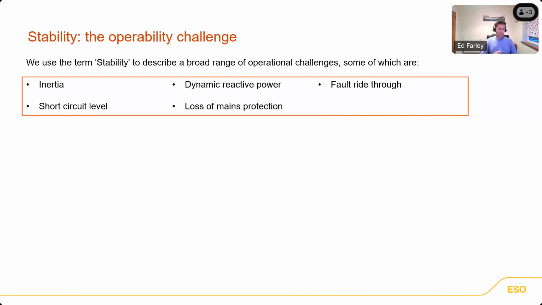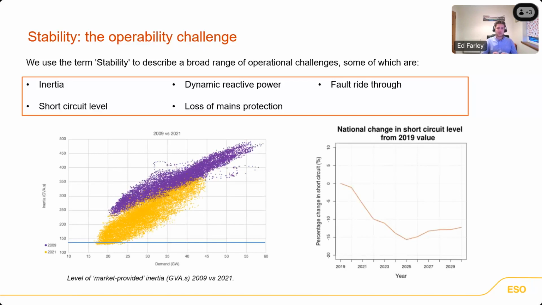They might mean different things to different people, but some of the things that we capture within this broad brush are inertia, short circuit level, dynamic voltage support, dynamic reactive power, loss of mains protection, and fault ride through. So that's how we capture it, but we're going to focus on two things primarily in today's presentation, and that's inertia and short circuit level, because this is the foundation for how we developed our stability markets here in GB.